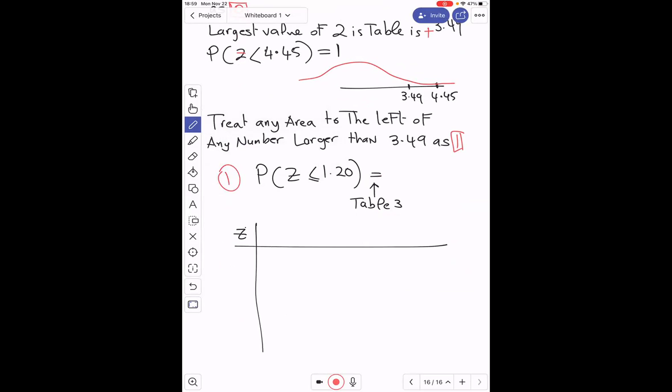This is positive, of course. And the nearest hundredth would be 0.00. So from the table, 1.20 is 0.8849. In other words, this is 88.49%.